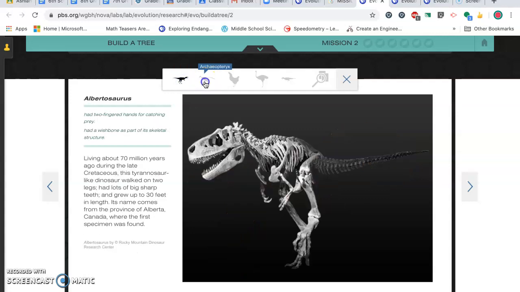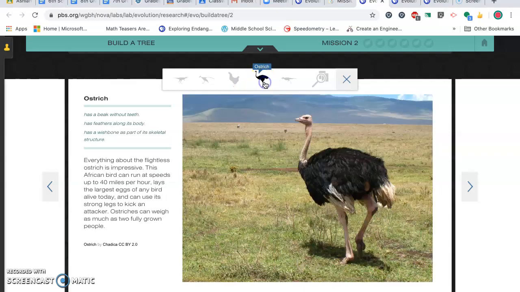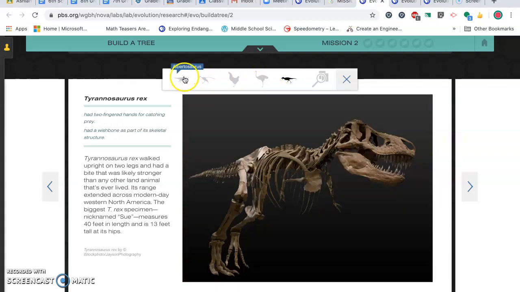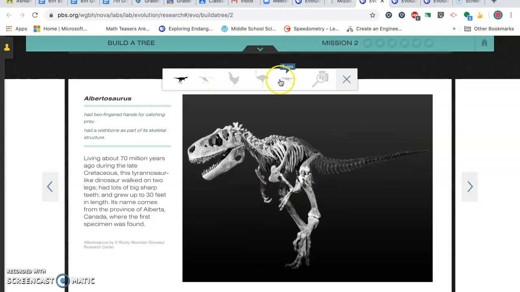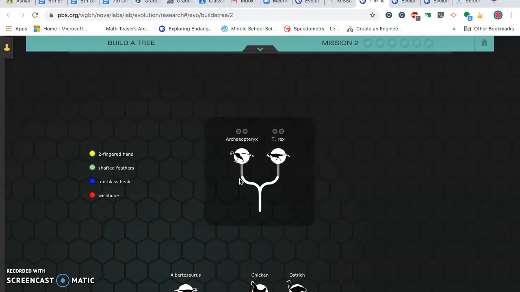As I go through this, I see that they all have a wishbone. That is the main characteristic. So as I grab my first two, let's start with two of my dinosaurs. We know that these two dinosaurs had a wishbone because all of them had wishbones.